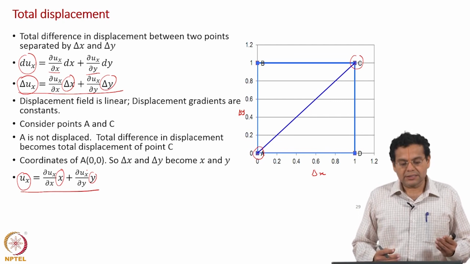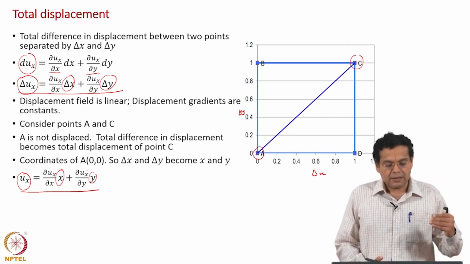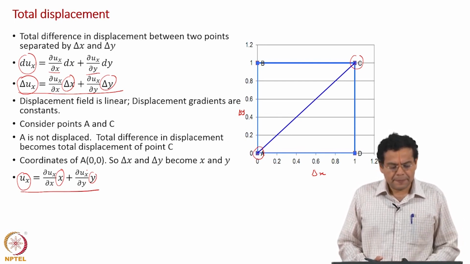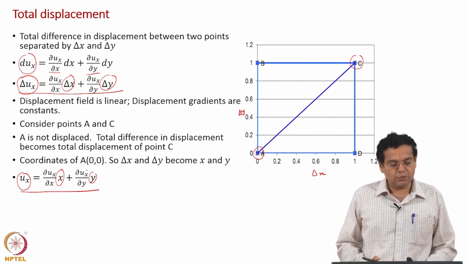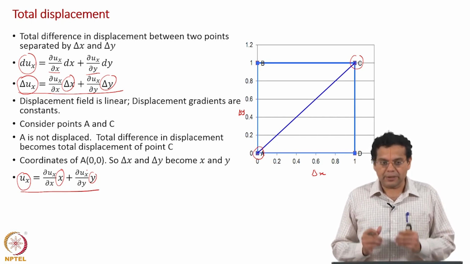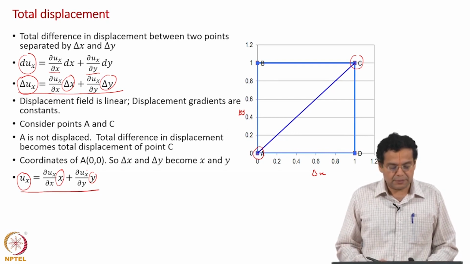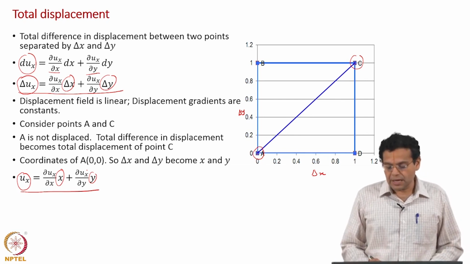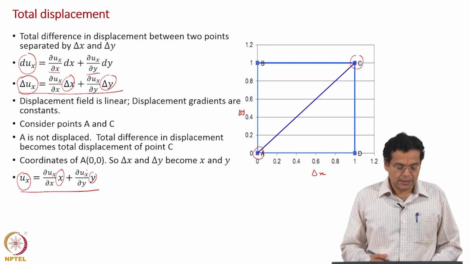So, what we have done is start with the total difference in displacement in terms of the partial derivatives and delta x, delta y. Difference in displacement becomes displacement because one point does not move. For all the conditions we will take A as our reference point, so that it becomes easy to understand because A does not get displaced. So, the left hand side becomes just ux. One more simplification happens because the coordinates of A are 0 comma 0, delta x, delta y becomes x and then y.